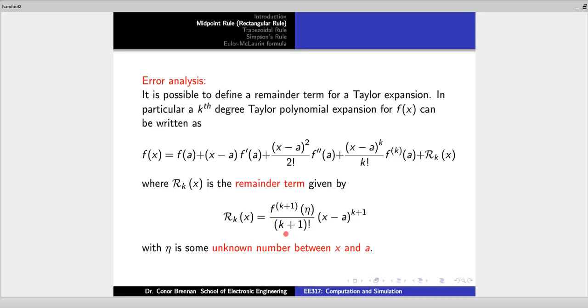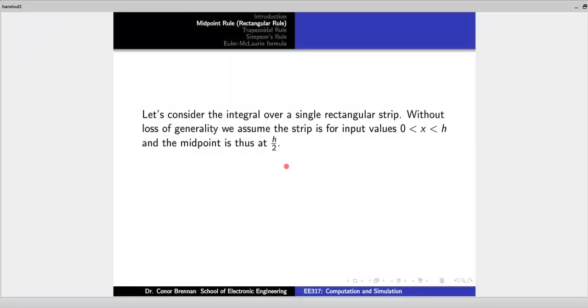We don't need it. We're not going to use it, but suffice to say, this is how it is. So let's imagine we're trying to work out how well this rectangular rule works for us. Let's take a single rectangular strip, and rather than doing all n strips, let's just focus on one strip and see how well we can do the integration over one strip.